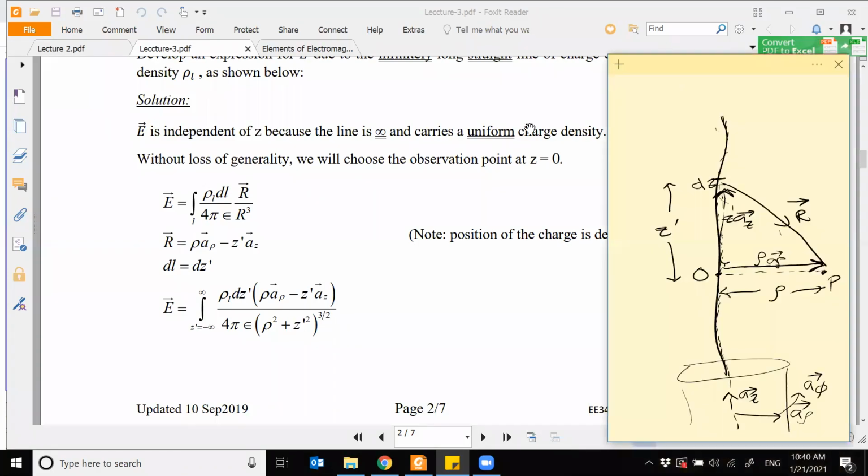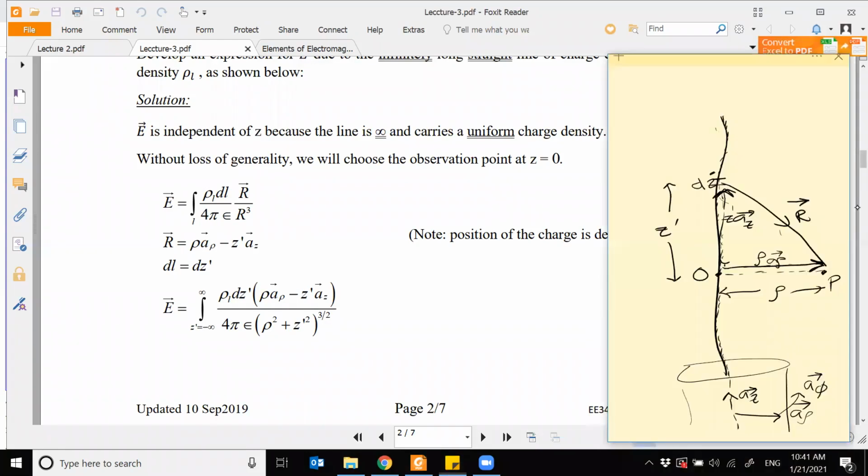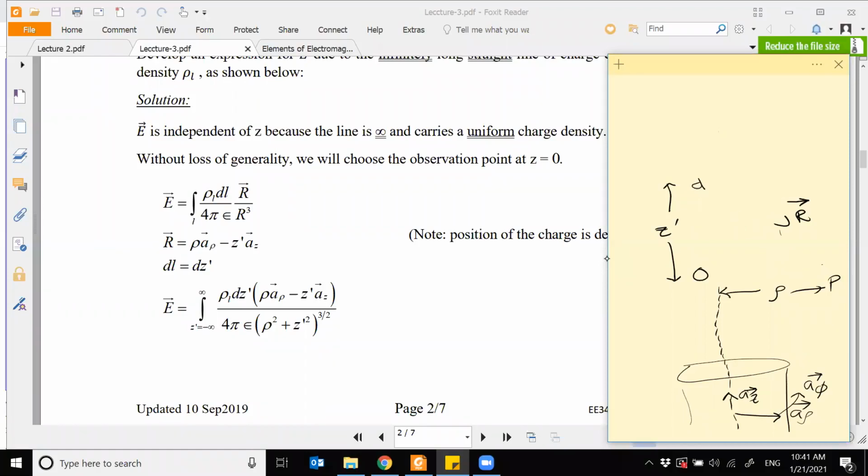That's why I have used this as z dash and named this dz dash. Their positions are represented by primes.